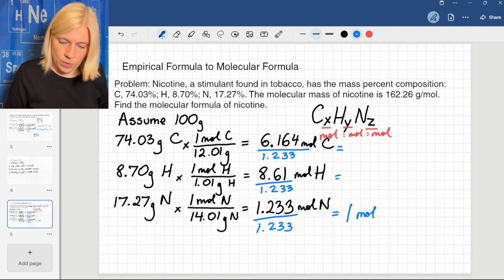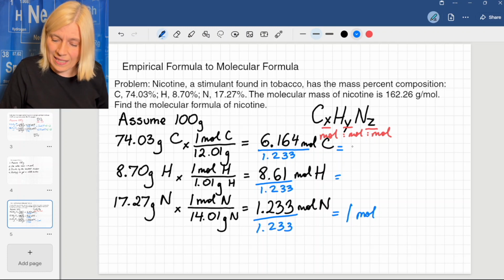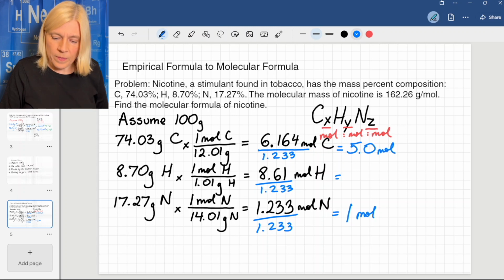Let's figure out what we will have here. 6.164 divided by 1.233. Well, you know what, it's 4.999, so I'm going to say I'm going to have 5.0 moles. And let's do this one, 8.61 divided by 1.233.